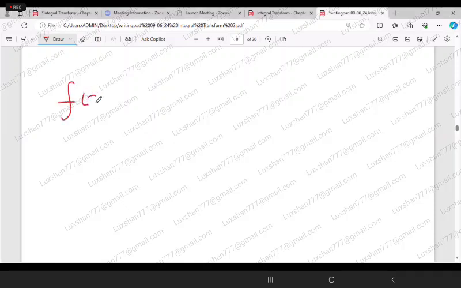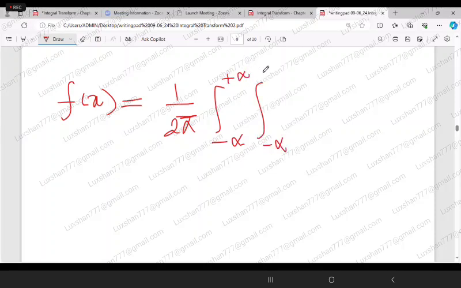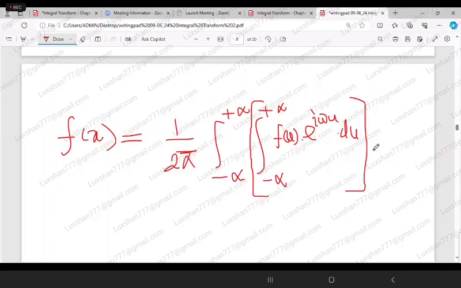Therefore, we have the Fourier integral representation: 1 over 2 pi, integration from minus infinity to plus infinity, f of u, e to the power i omega u du, into e to the power minus i omega x d omega.